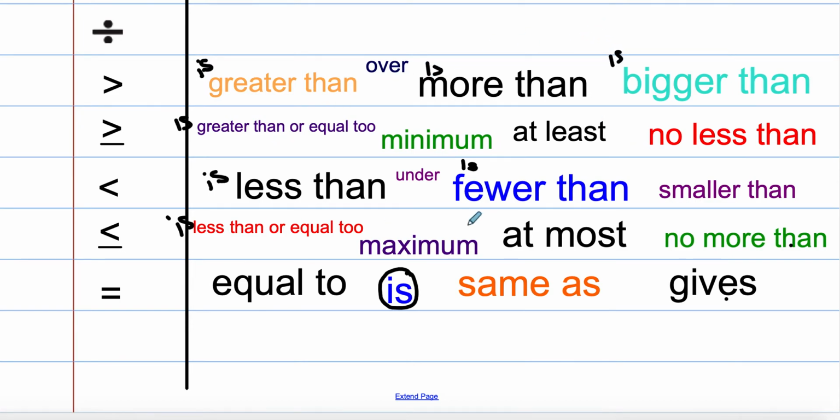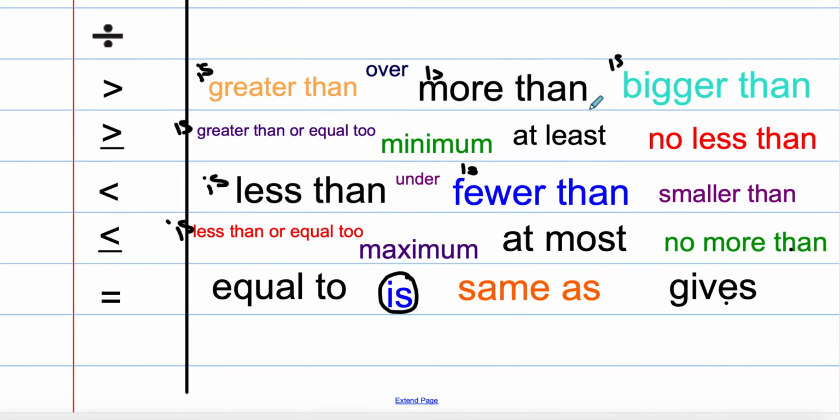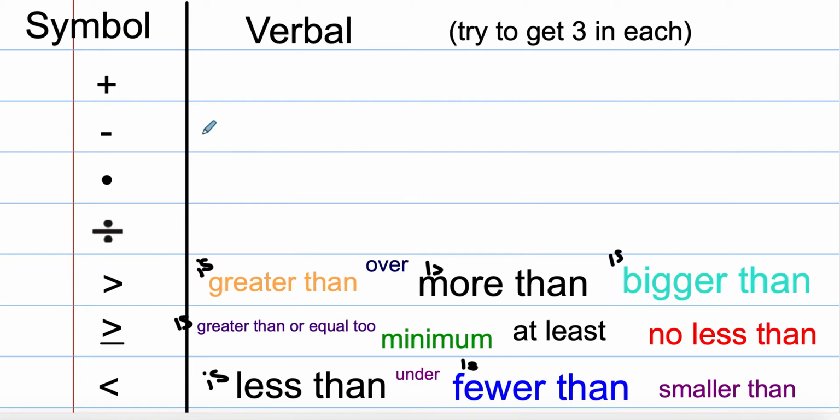So you will hear that word is if you're talking about one of these. If you are talking about these up here, like 2 is 2 more than 4, more than could mean adding. So you have to kind of watch for those.